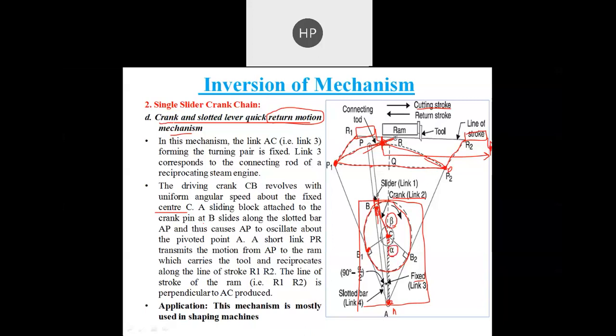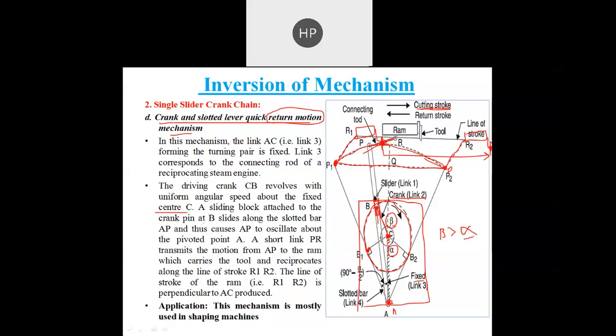Now from the diagram we can easily understand that this beta angle is greater than alpha, which means the time required for the cutting stroke is larger compared to the return stroke.